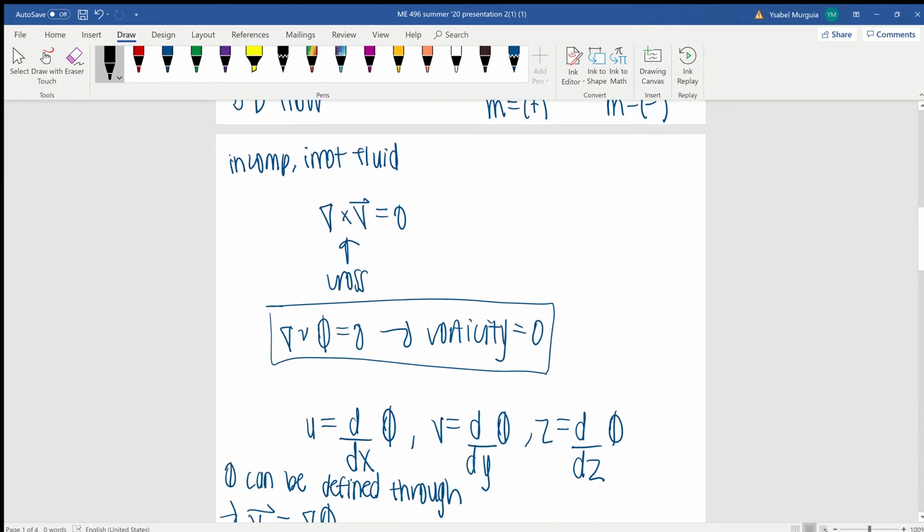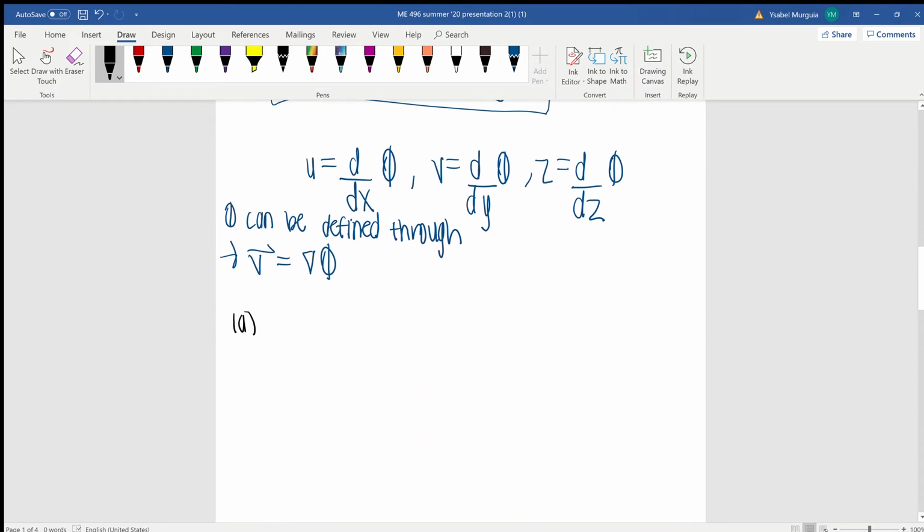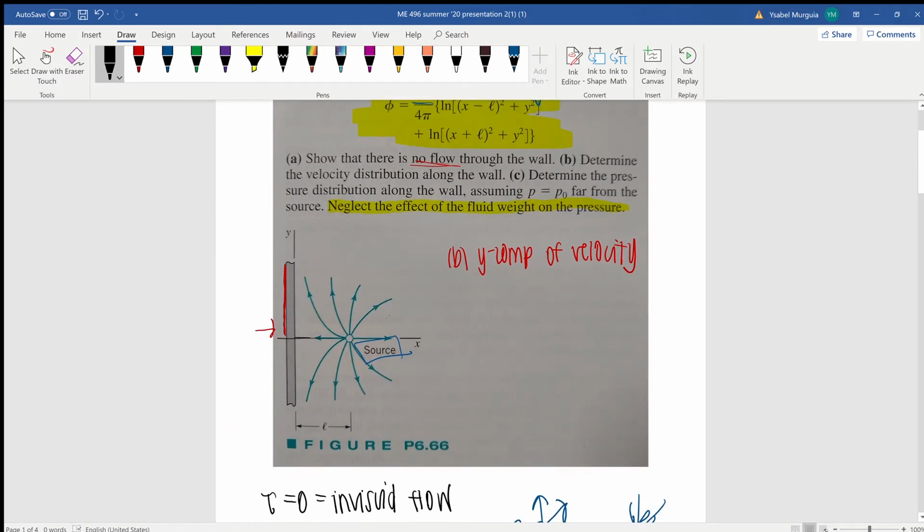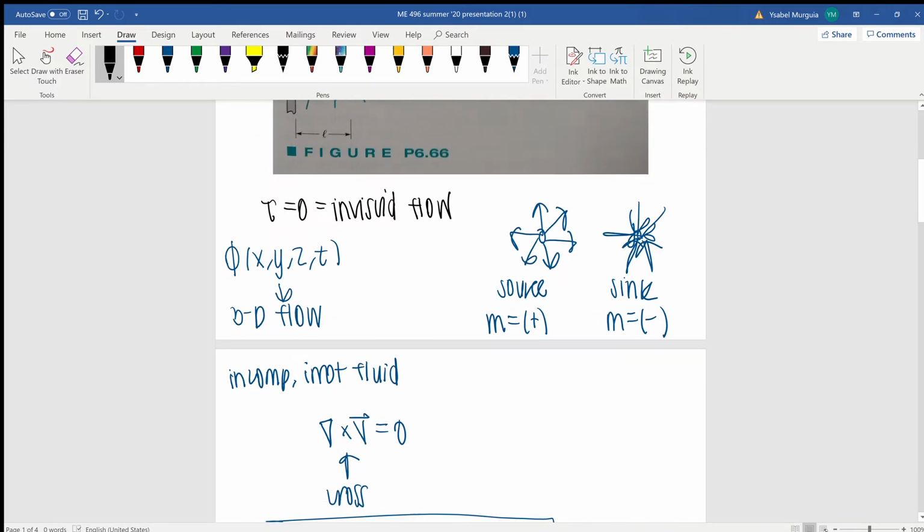So we know that u is equal to the derivative with respect to x of phi. And if we're talking about through the wall, this perpendicular is in the x direction. So that is why I used u equals d dx of phi, because we are talking about through the wall, which is the x component.